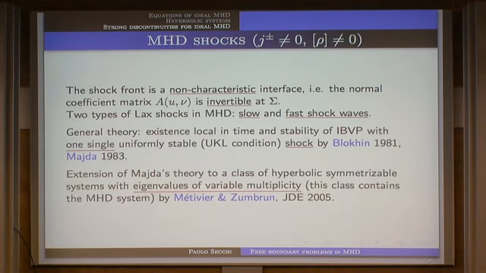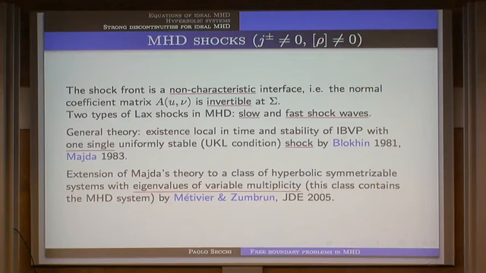That unfortunately doesn't cover the MHD case, but there is also an extension of the Majda general theory to a class of hyperbolic symmetrizable systems with eigenvalues of variable multiplicity. And this is the case of MHD. What does variable multiplicity mean?